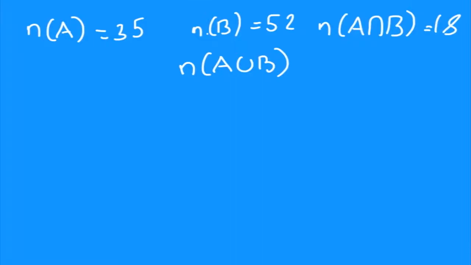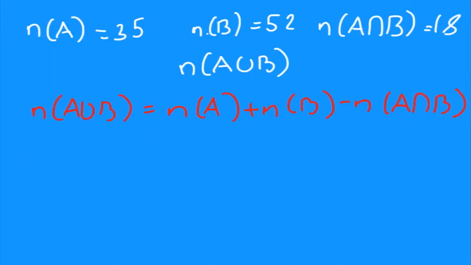Well, you're going to use this formula right here. n(A ∪ B) equals n(A) plus n(B) minus n(A ∩ B). There you go.